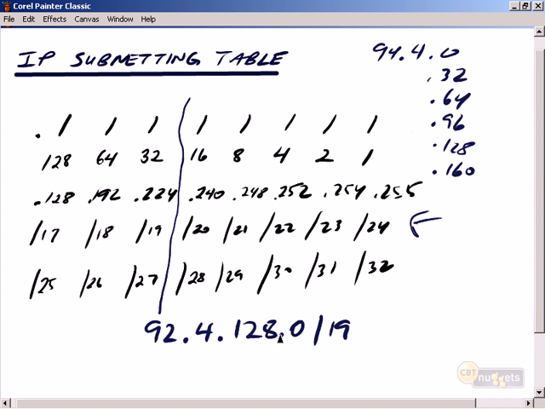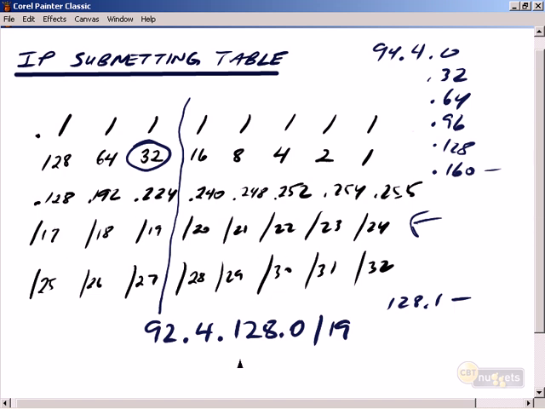Pretty easy. Okay. We can't use 128.0 because that's the actual subnetwork, right? But we can say 128.1. So that's going to be the first usable one. Well, how do we figure out the end of the range? Well, what's the next subnetwork? It's 160, right? Because 128 plus 32, that's our block size, is 160. So 160 is where the next network begins.